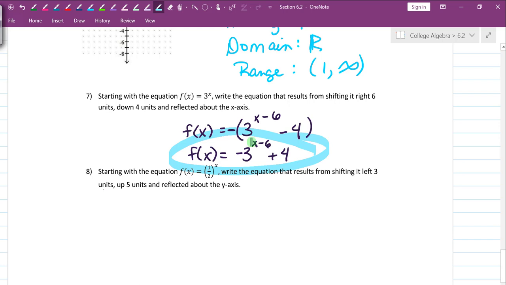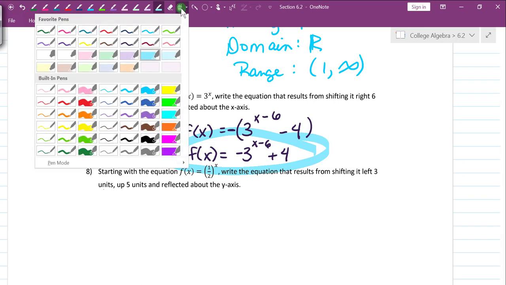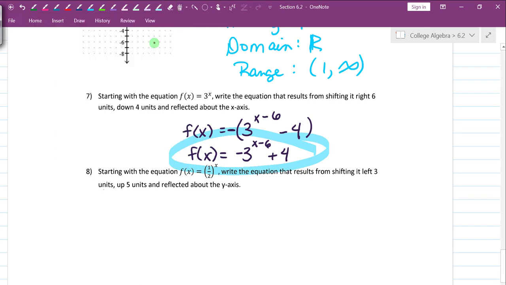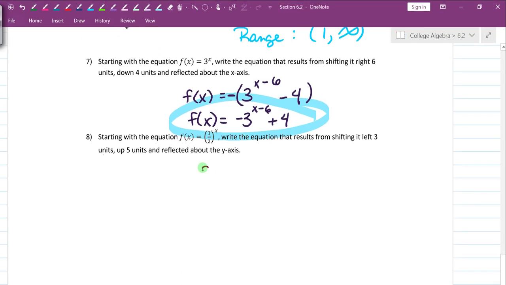Now, our last one for the day, and then we're done. So we have f of x is equal to 1/2 to the x. This is write an equation that results from shifting it left 3 units. If I'm going left, that's in the negative direction. Remember, x lies to you, so that's going to be plus 3, okay?